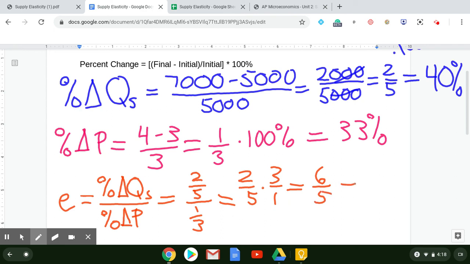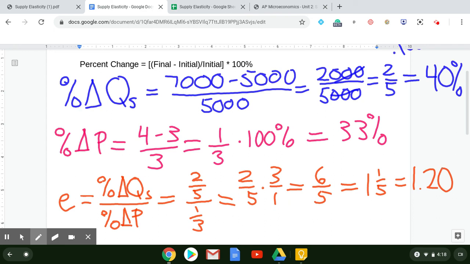Okay. 5 over 5 is 100%, leaves over 1 over 5, so I can make it a mixed fraction of 1 and 1/5, which again is 1.20. Okay. 1/5 is 20% or 0.20. Okay. So that's our price elasticity of supply.